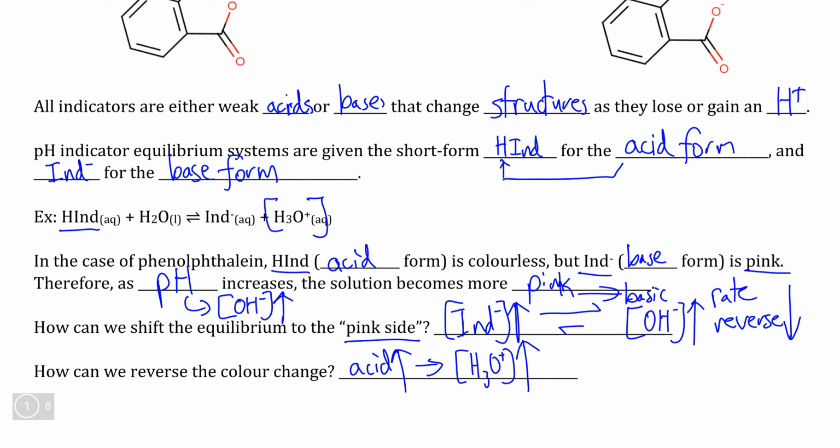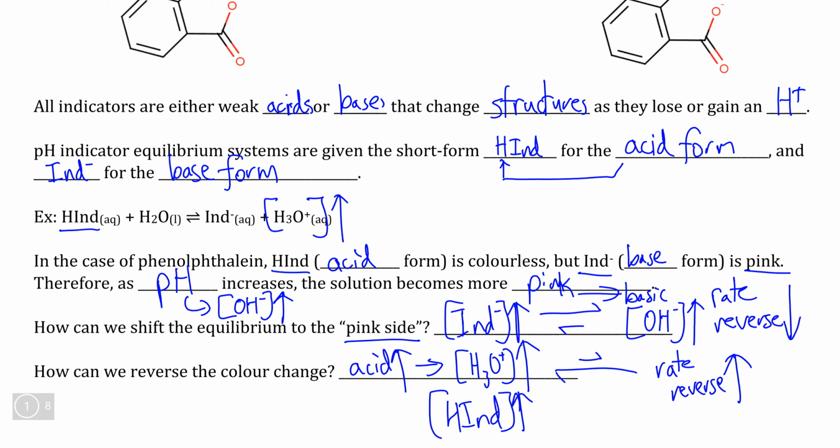And again, this is a simple concentration adjustment according to Le Chatelier's principle, because if we have more H3O+, that means now the rate of the reverse reaction is actually going to increase, shifting the equilibrium in favor of producing the acid form of the indicator. And because we have more of the acid form of the indicator, that means that our solution becomes more colorless and less pink as a consequence.